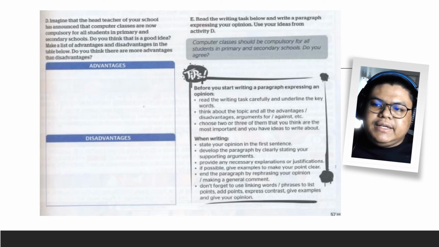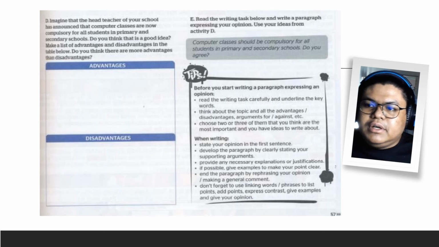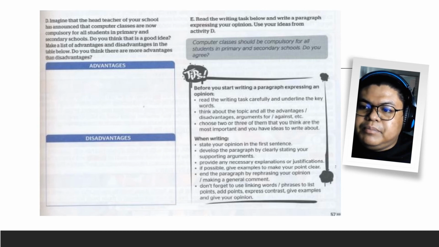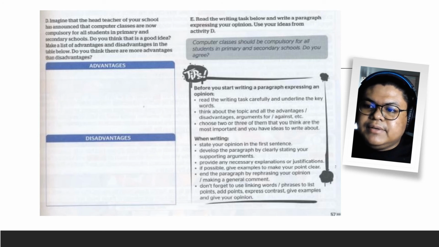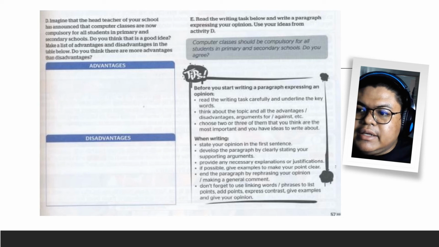Okay, so in this exercise, okay, you have to imagine that the head teacher of your school, okay, has announced that computer classes are now compulsory for all students in primary and secondary schools. Do you think that is a good idea? Okay, make a list of advantages and disadvantages in the table below.